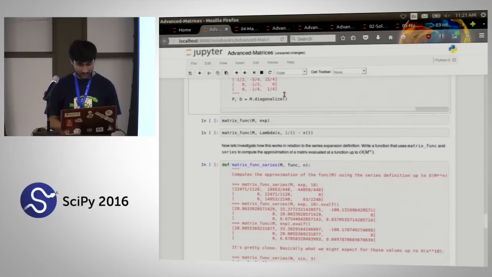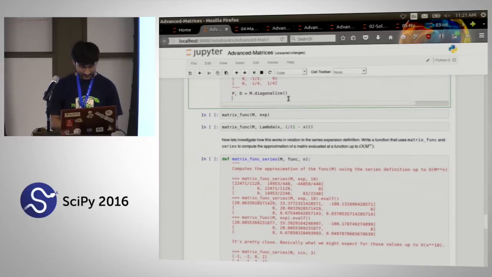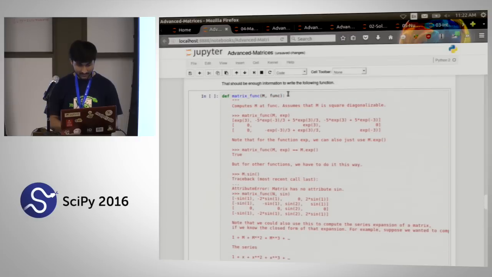So the second step would be this. All the diagonals, and the function is given as a parameter here.